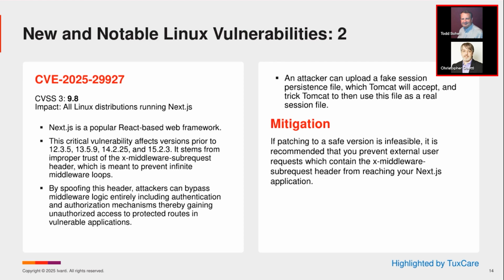The first articles around this came out at the end of March, but that Next.js middleware platform has this vulnerability, and it does allow attackers to bypass authorization to execute code. So it's a vulnerability that you definitely want to take a look at, making sure you're identifying where it is in your web environments and getting that resolved.